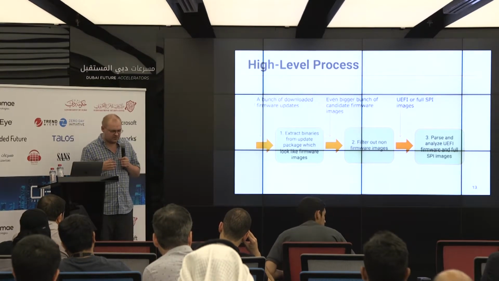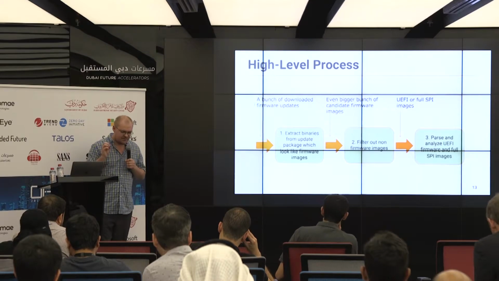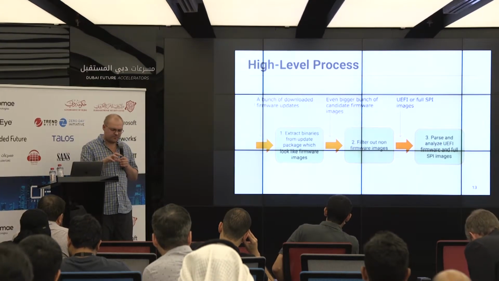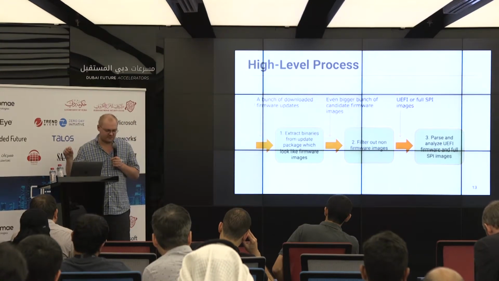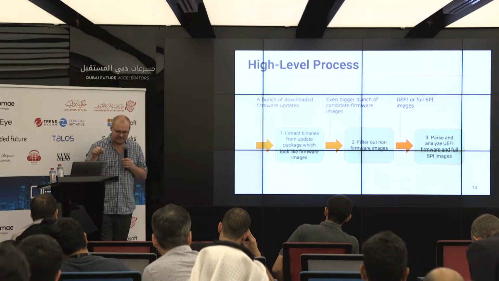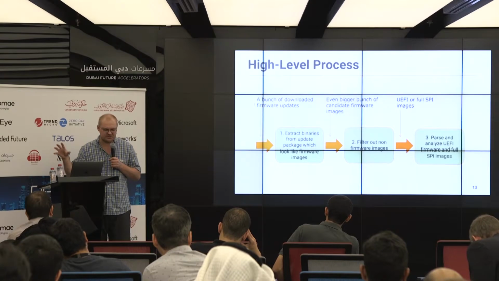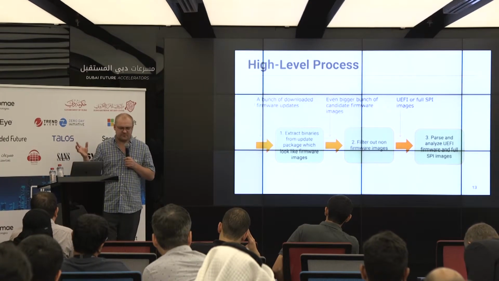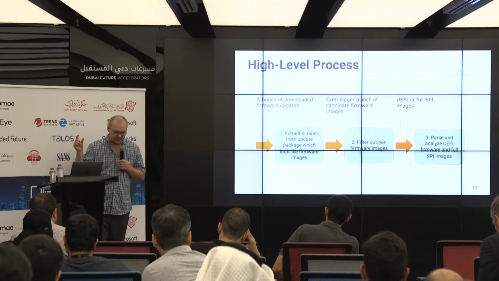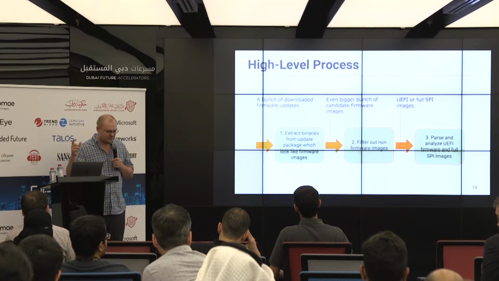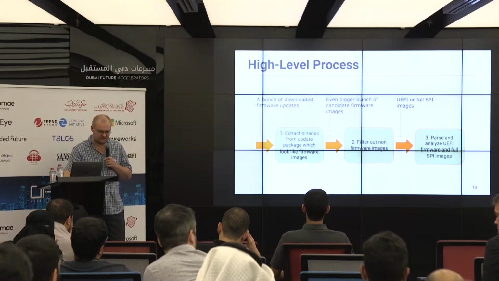So the first step, we need to extract the BIOS update from the firmware update package. The firmware package update contains the BIOS update plus tools plus some extra information. But we need that BIOS update image to run our analysis. And then we run our analysis on those images.